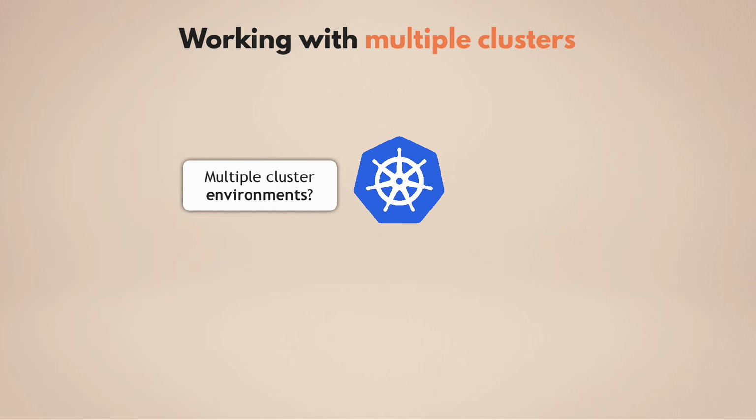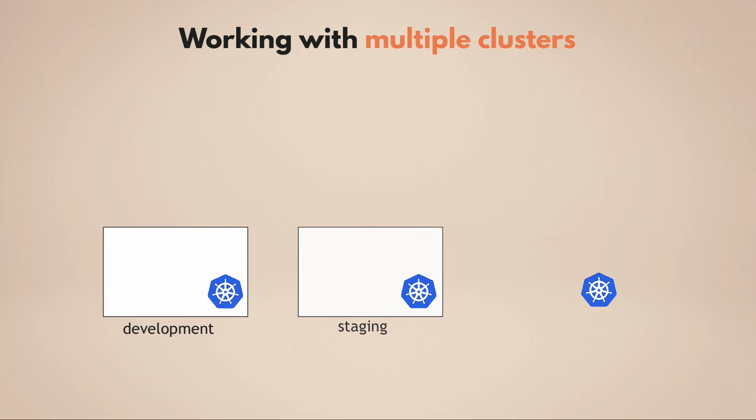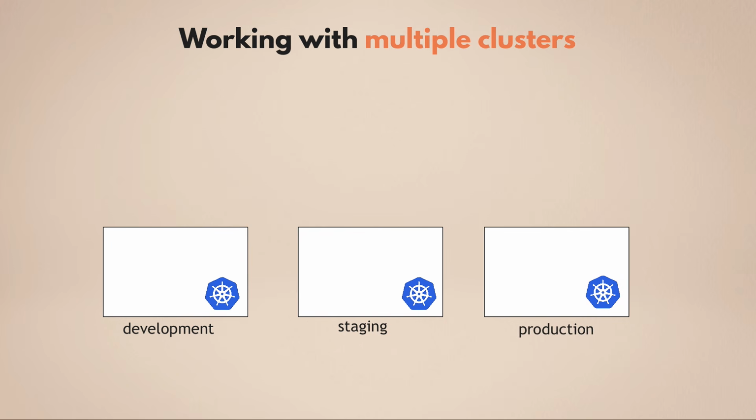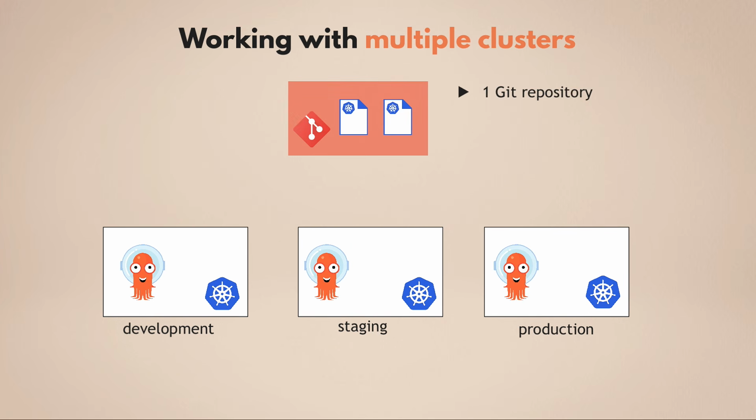Now, what about multiple cluster environments? Let's say we have development, staging, and production environments, and maybe each environment has its own cluster replicas. In this case, in each environment we may deploy and run its own ArgoCD instance, but we still have one repository where the cluster configuration is defined. And we don't want to deploy the same configuration to all environments at once.